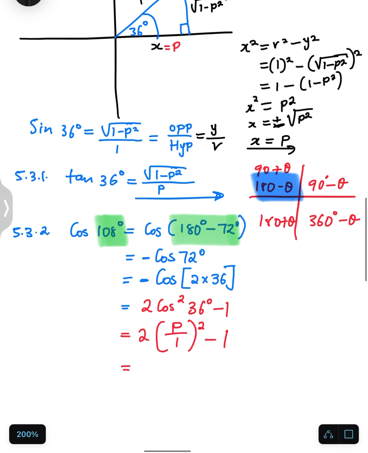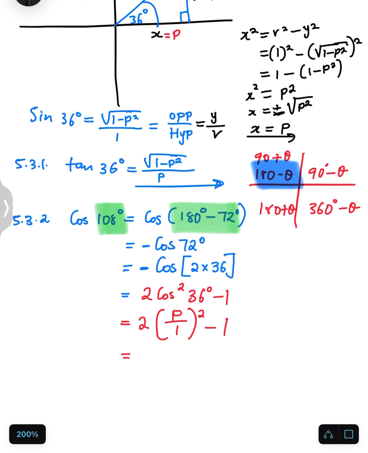So this is the same as 2p squared minus 1, because p over 1 is the same as p, and when you square that, that is p squared. That is the answer for 5.3.2: 2p squared minus 1.